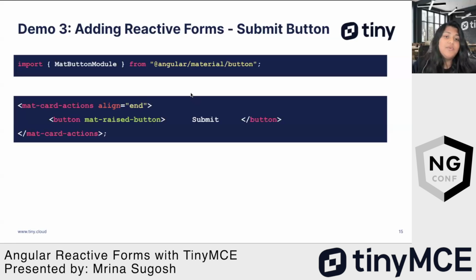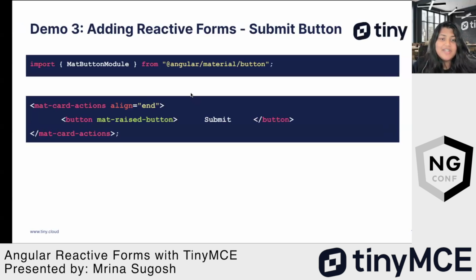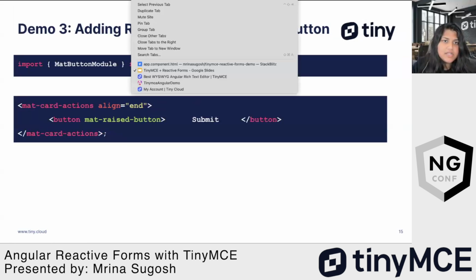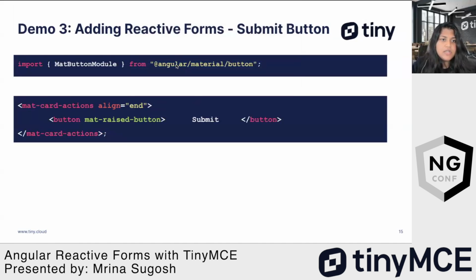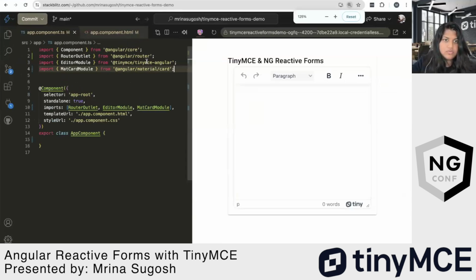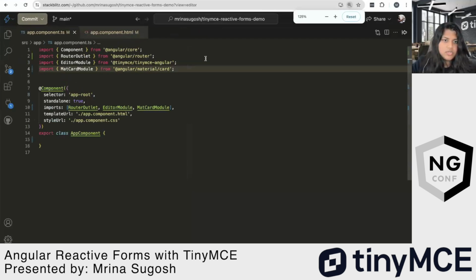But before we do all of that, the first step over here is to create a submit button, because what form doesn't have a submit option? In order to do that, it's pretty simple. We're going to use the material component library to quickly create a form submit option. So I'm going to go over here to my page, and push that over.